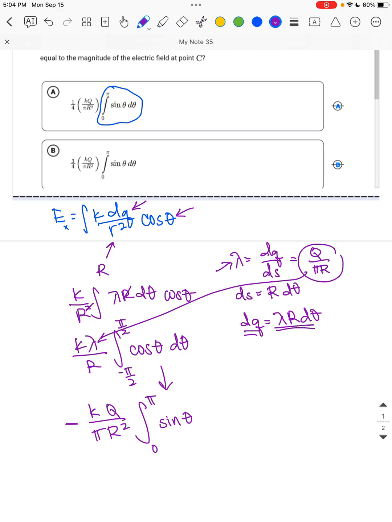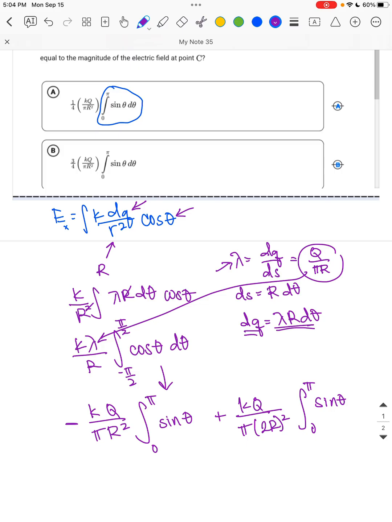I'm going to do the same thing, except I'm going to add the negative charge. It's the same equation, but this time I have double the radius, so I have to plug that in and square it, and the integral again is the same, from 0 to pi of sine theta.